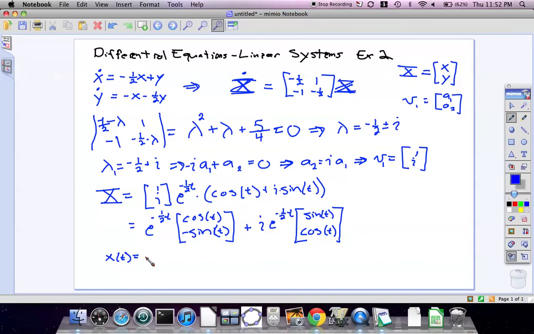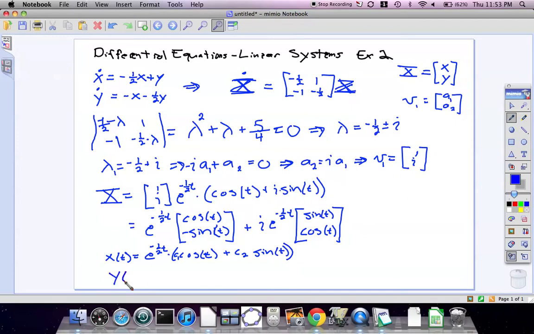So what I'm going to have here is e to the negative 1/2 t for the x part times c1, the constant, times the cosine of t, plus c2 times the sine of t. And I don't have to worry about the i in my real solution here.